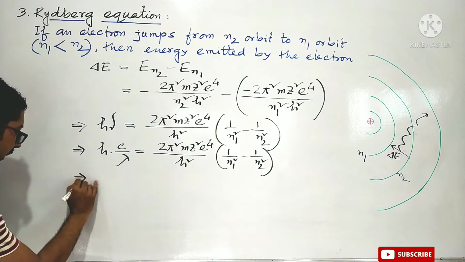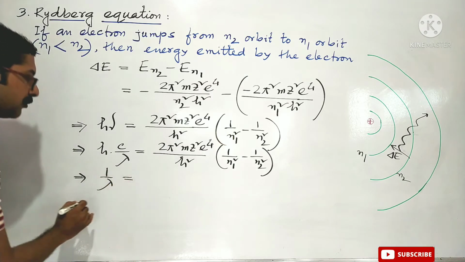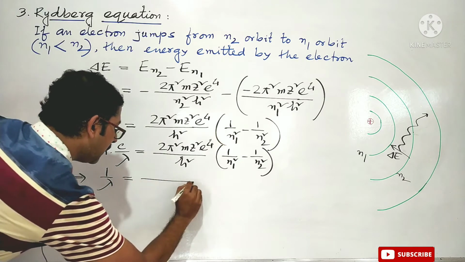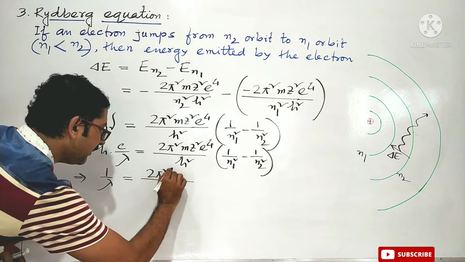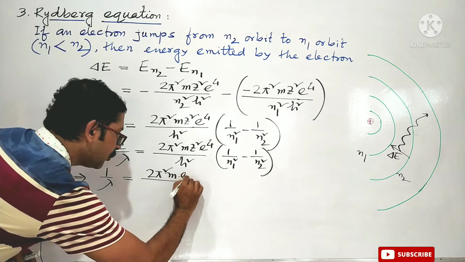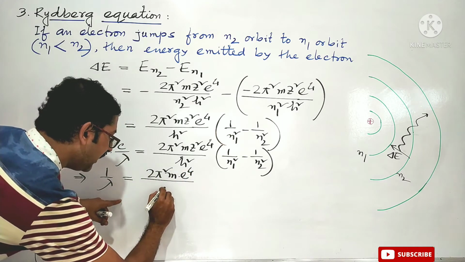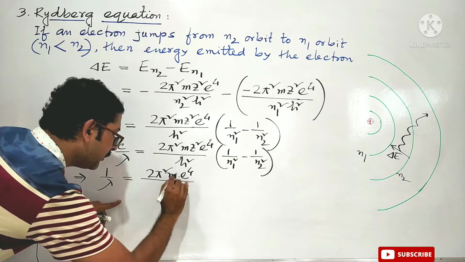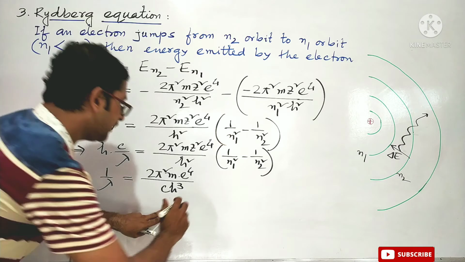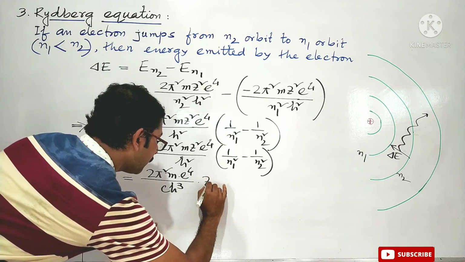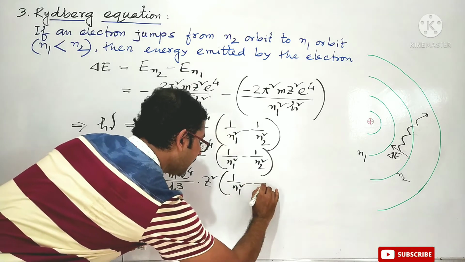So 1 by lambda, I can write this expression this way: 2 pi square m into e to the power 4 divided by c into h cube. This ch portion comes at the denominator, into z square into 1 by n1 square minus 1 by n2 square.